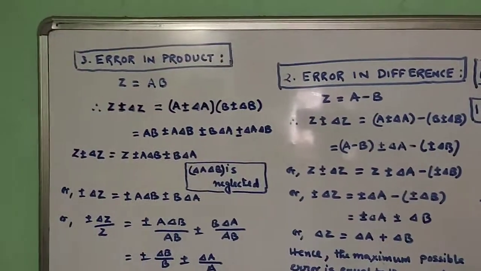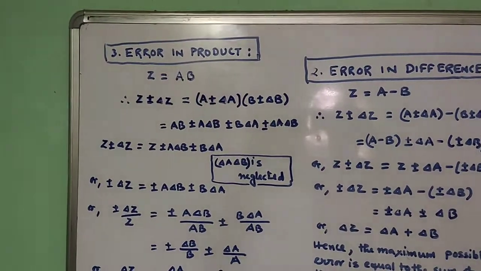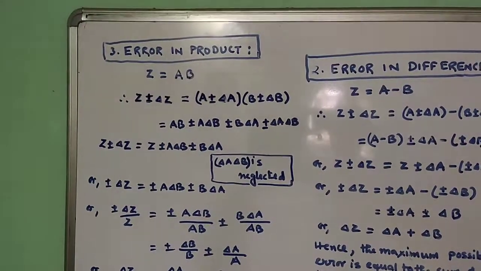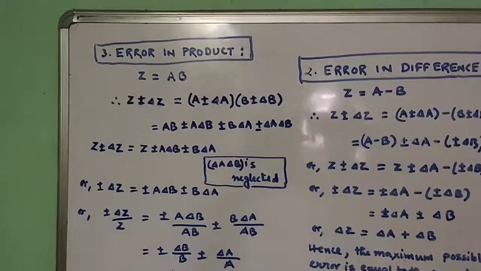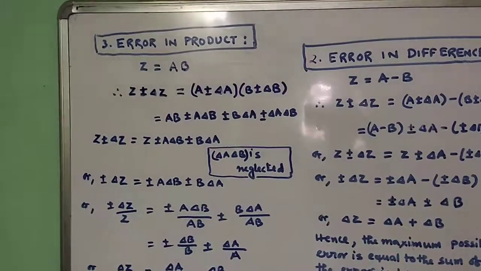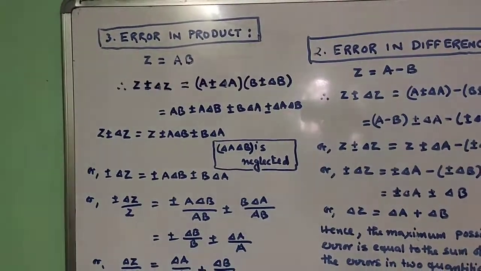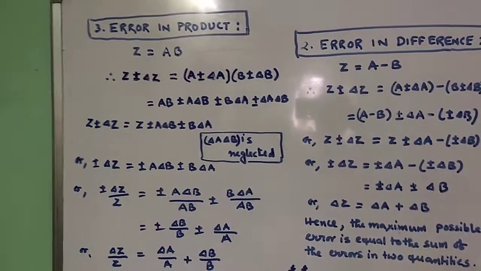Now next one is your error in product. So in an experiment, let me try to use this formula z equal to a b. Can you say any expression which involves a and b? You can consider an example of F equal to m a. So if you want to find force, you have to find mass and acceleration. So z equal to AB.